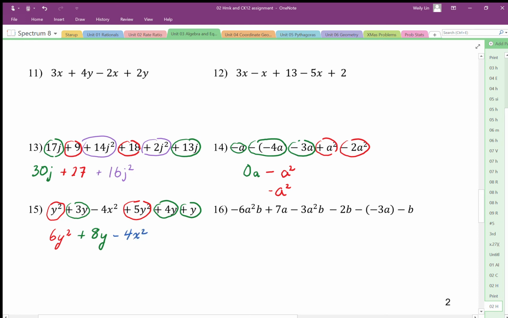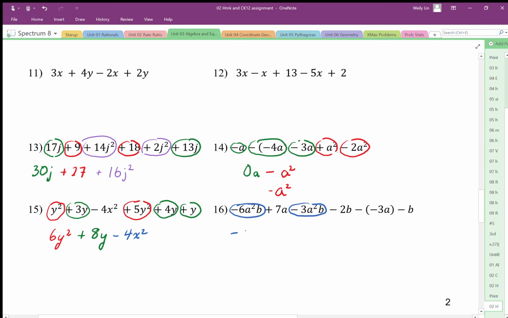Okay, so this last one here, we have the term a squared b. So I'm looking for a squared b. Here's an a squared b, and again, notice that I'm keeping track of the minus, because that's very important. That's an a, well that's not a squared b, b, a. So none of those are the same.